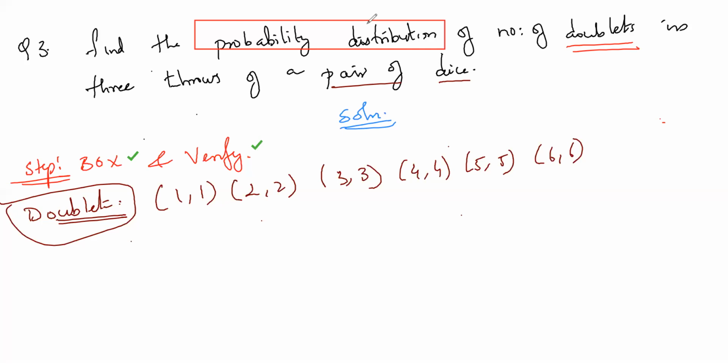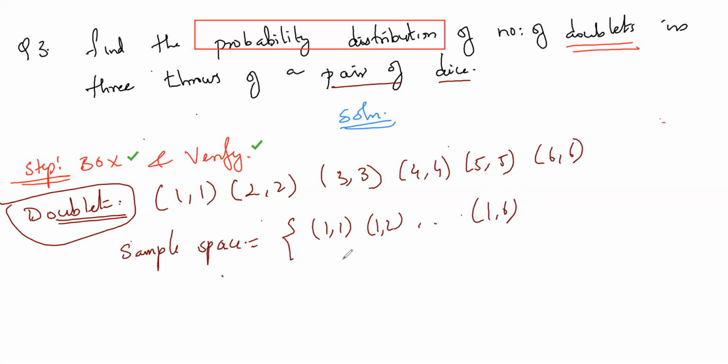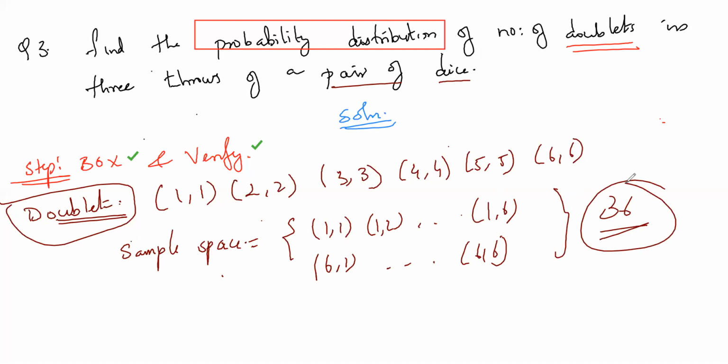So there can be around 36 elements: 1, 1, 1, 2, dot, dot, dot, up to 1, 6. Similarly, 6, 1 up to 6, 6. Correct? This thing we should know. So totally there are 36. And how many doublets are there? We should just count here: 1, 2, 3, 4, 5, 6. There are 6 out of 36 doublets.